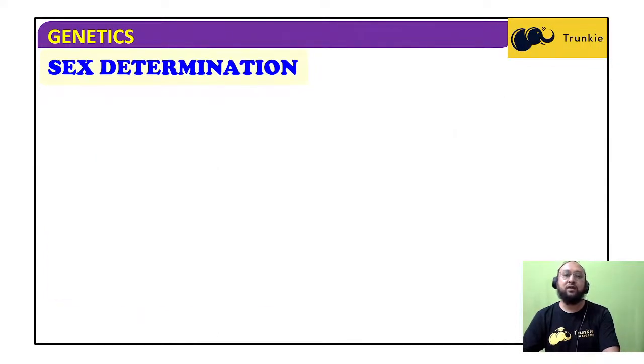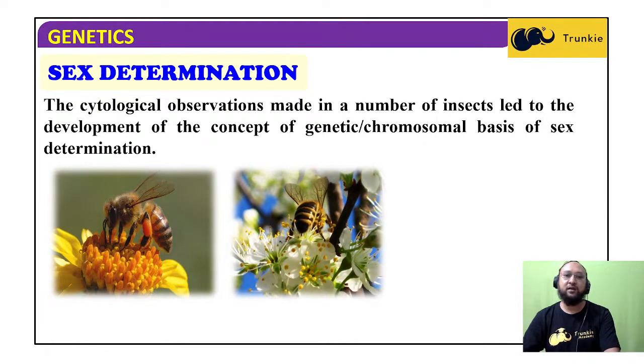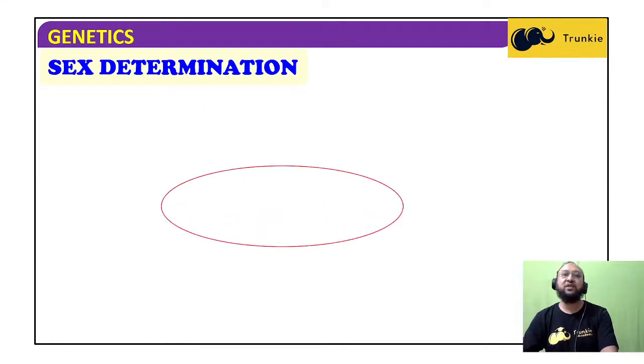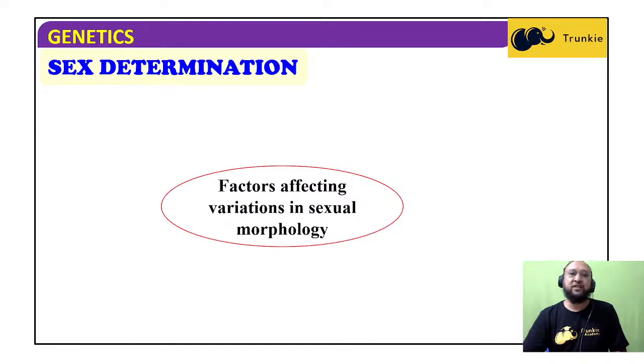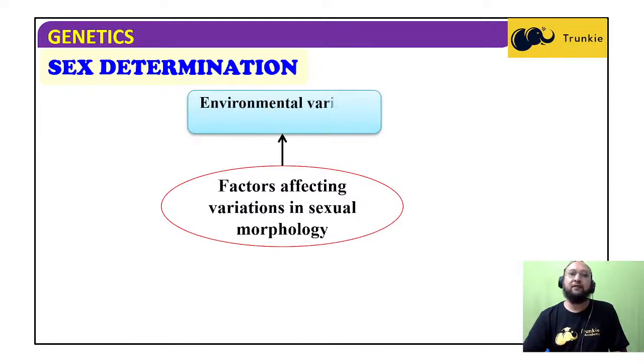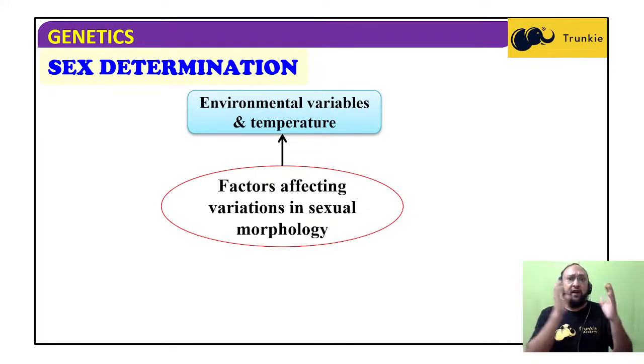In the case of honeybees or bees, sex is determined in a different way, unlike human beings. Factors affecting variation in sexual morphology include environmental variables and temperature. In some insects, environmental conditions also influence the sex or the morphology of the individual organisms.